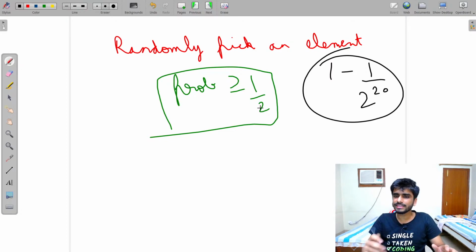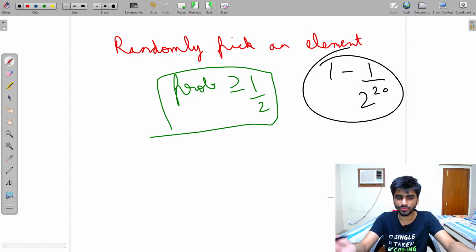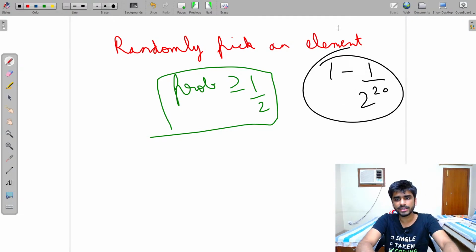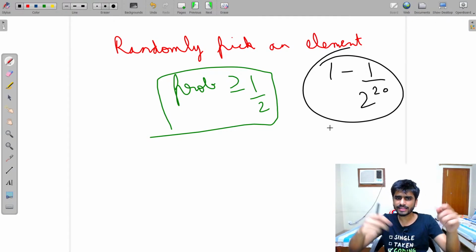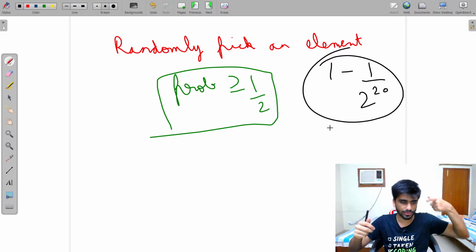The probability that you do not find the mode, even if you try 20 times, is very, very low. It's almost impossible that this would actually happen to you, right? So just by randomly picking 20 elements, you can be sure that you will find the mode.